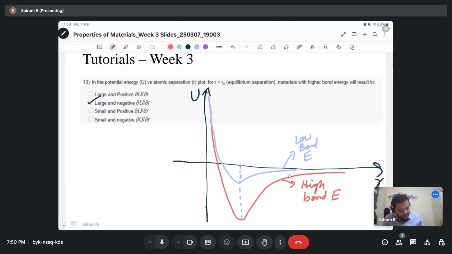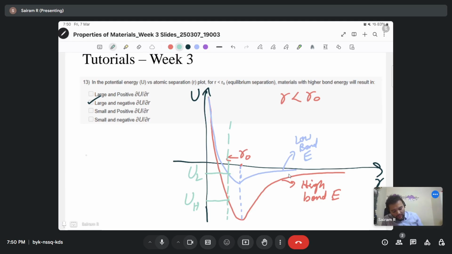As you can see here, this is the point R naught. At R less than R naught, when we move this side, if I draw a line at any R less than R naught, these are the corresponding values of UL and UH, low and high.